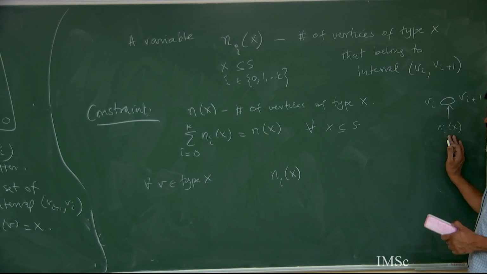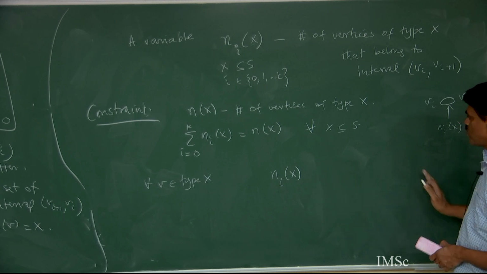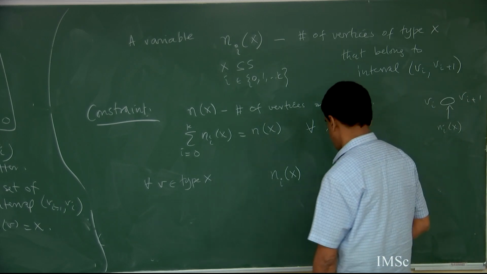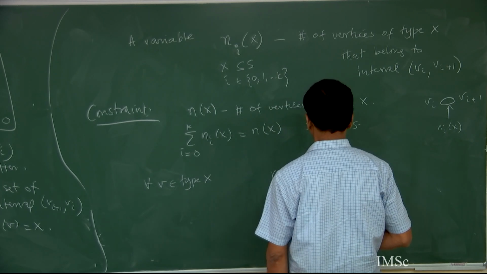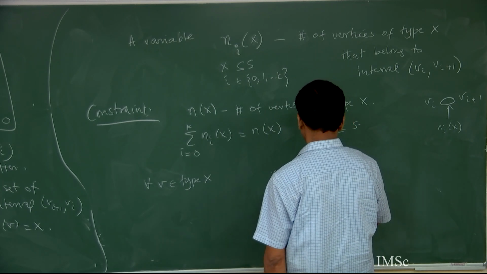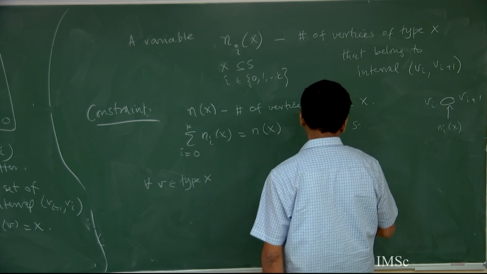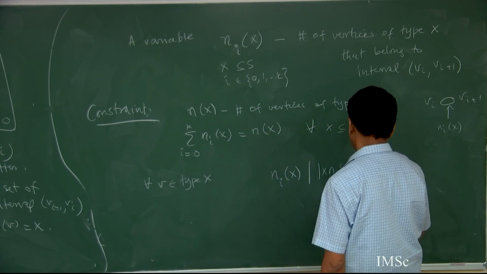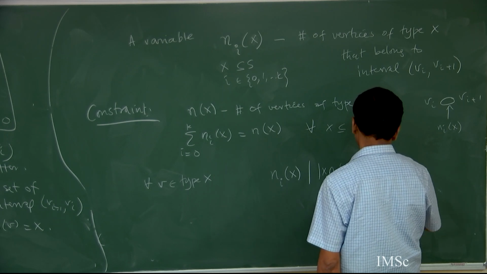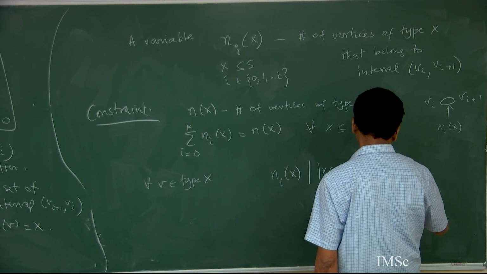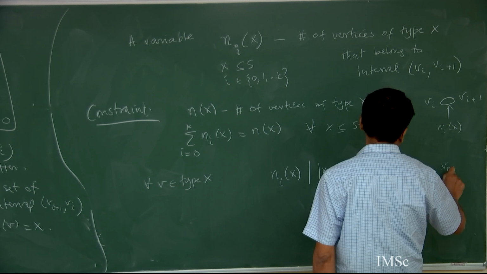Remember, any vertex here is defined by its neighborhood x. So for each one of them, it is the size of x intersection V1 to Vi minus x intersection V_i plus 1 to Vk.